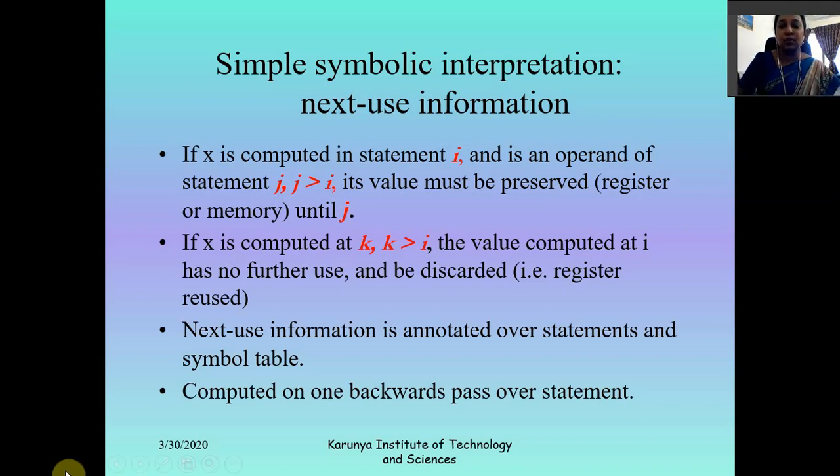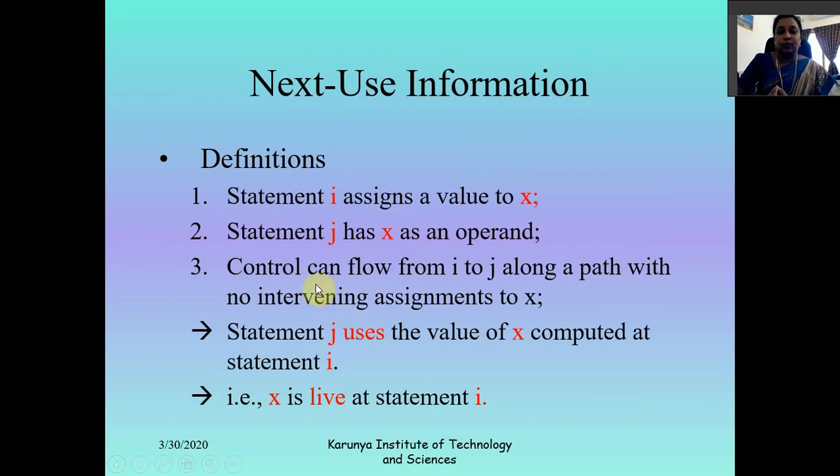So now what do you do? Then you try to find out that the variable is of no use. Sometimes we delete it, sometimes we stop it there. Now this information can also be used for garbage collection, where the system sweeps the information from the memory also. So that is how next use information is evaluated.